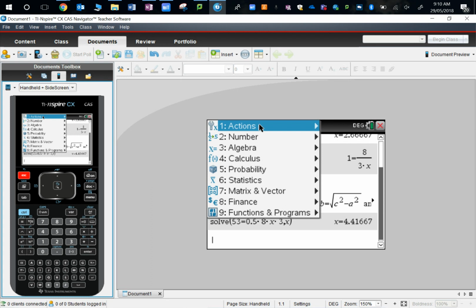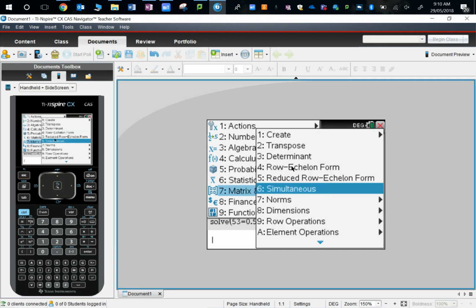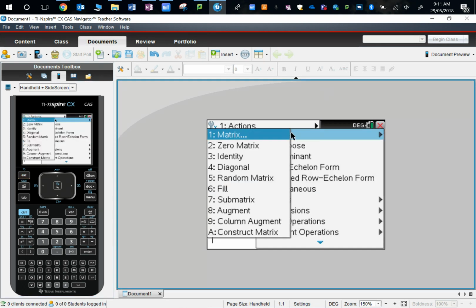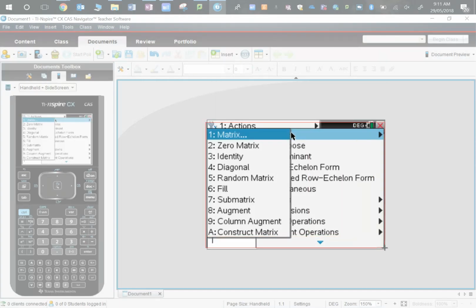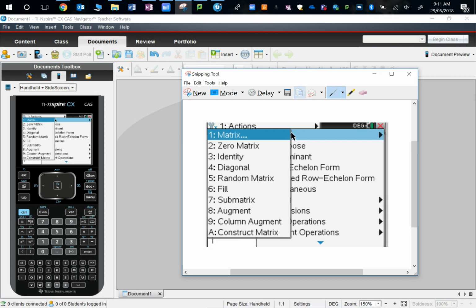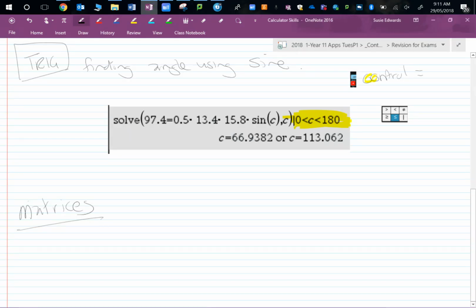Escape. Okay, so matrix, vector, create, and then matrix. But notice you can also create a zero matrix and you can also create an identity matrix. So if you actually had to draw them, it might be easier to use that function than to write it out yourself.